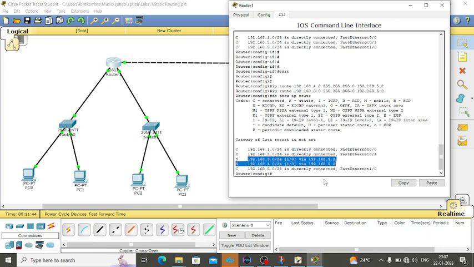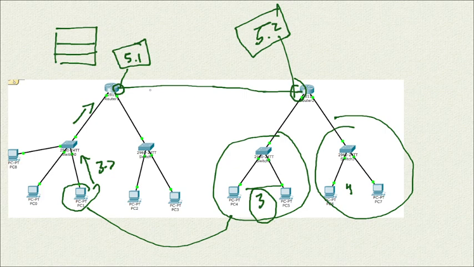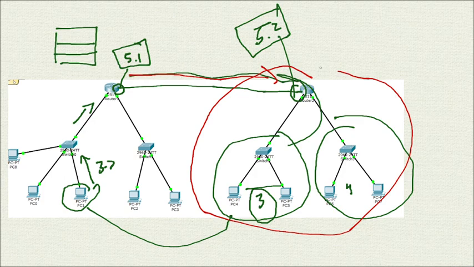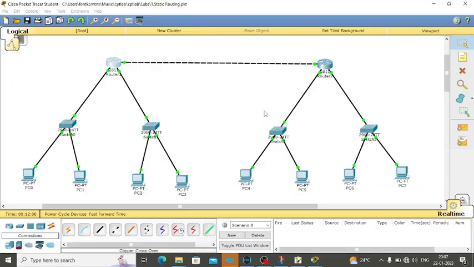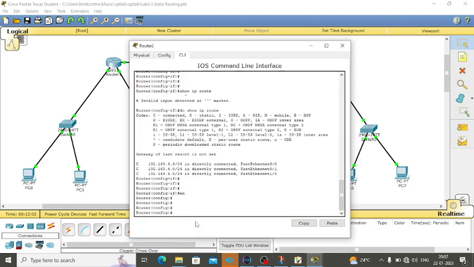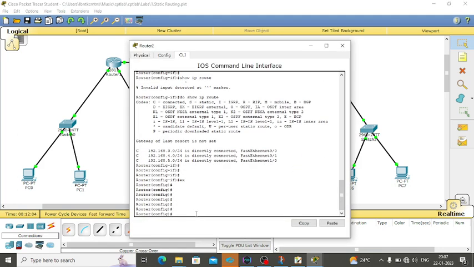Connecting via 5.2 means you will reach the destination this way. The request is sent to him, and then it will connect with this network. This is static routing here. So I also configured another interface, another router also.